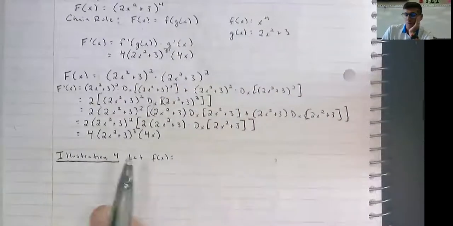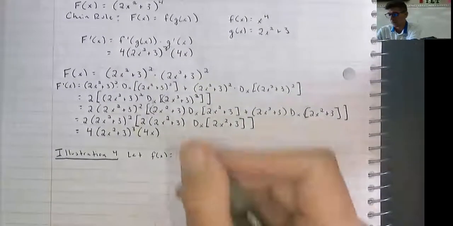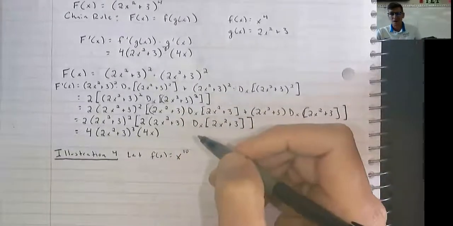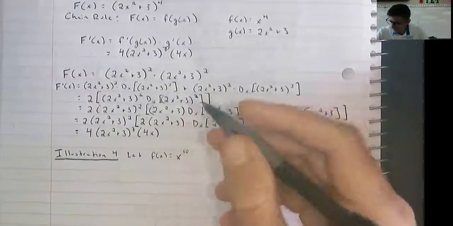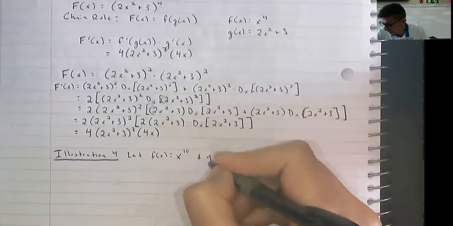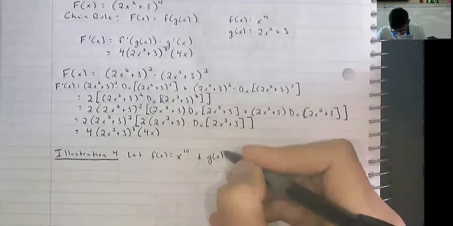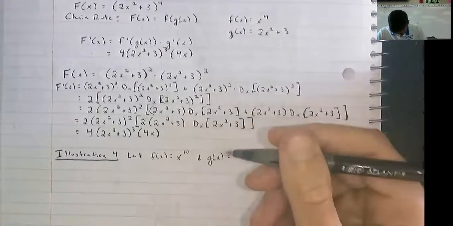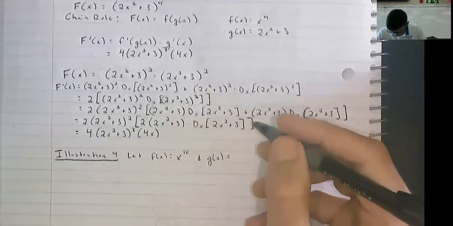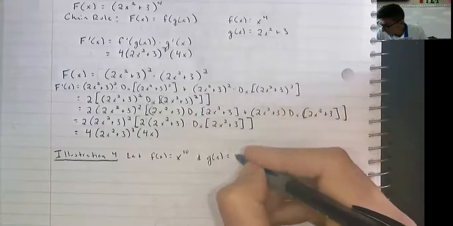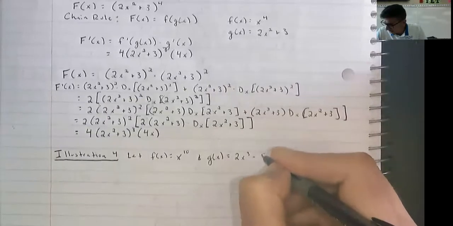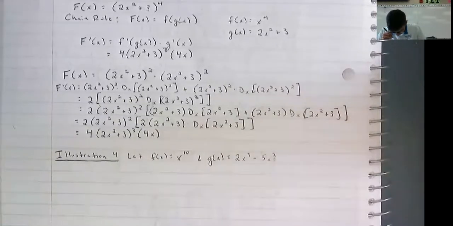So we're going to see now that if we have something super nasty, like x to the 10th, chain rule all the way, and g of x equal to 2x cubed minus 5x squared plus 4.